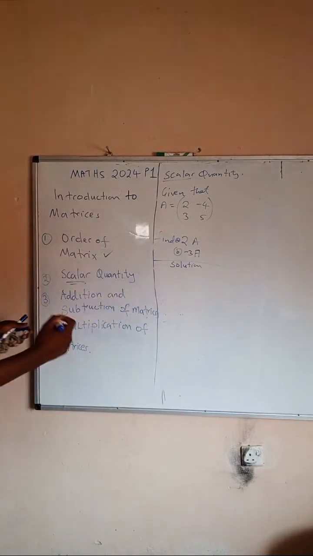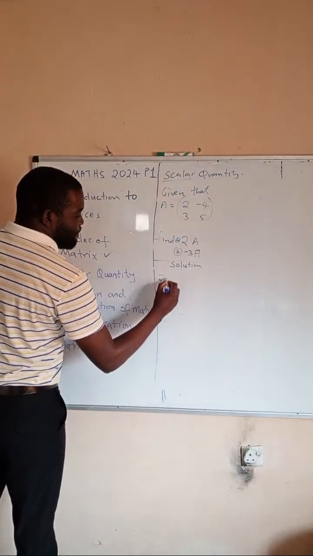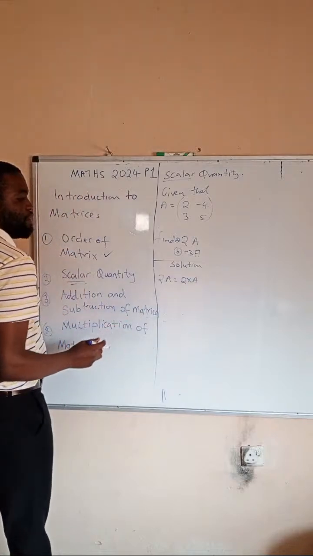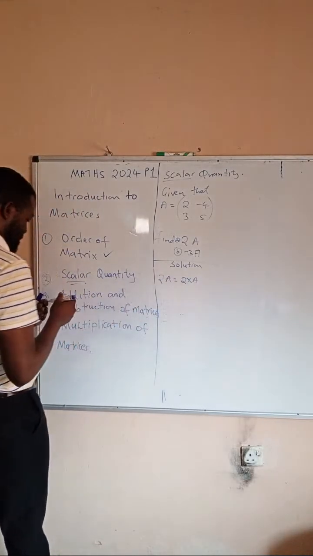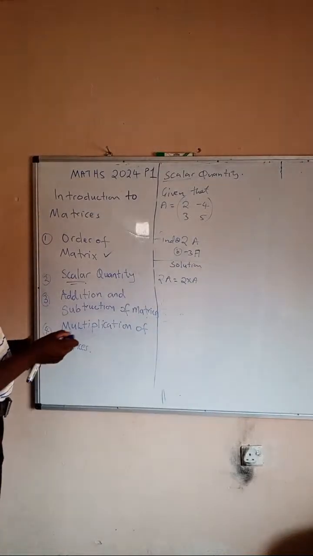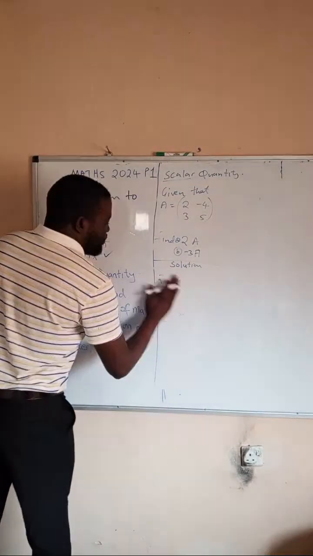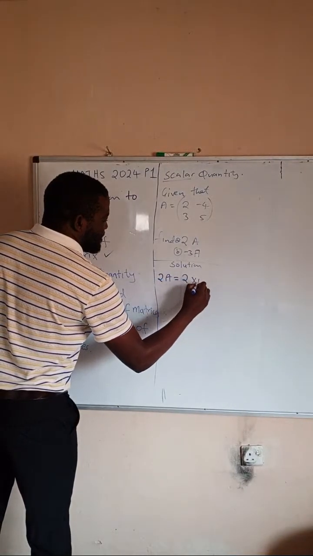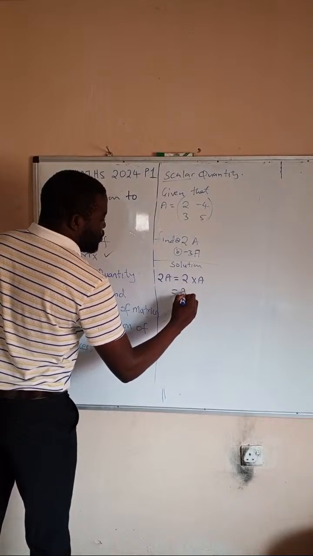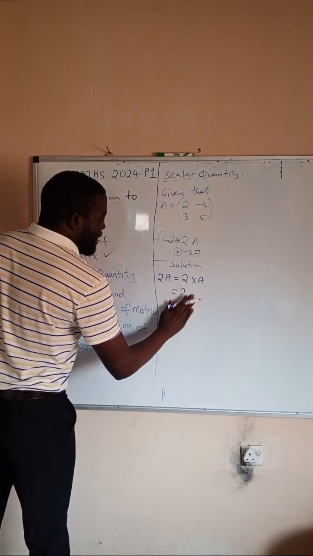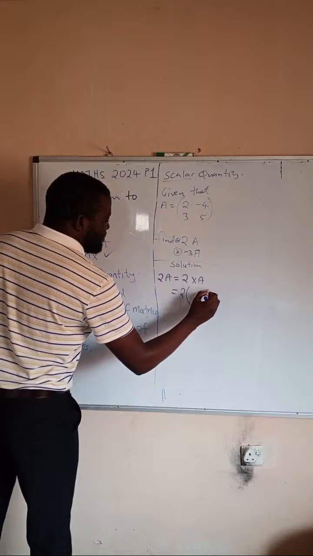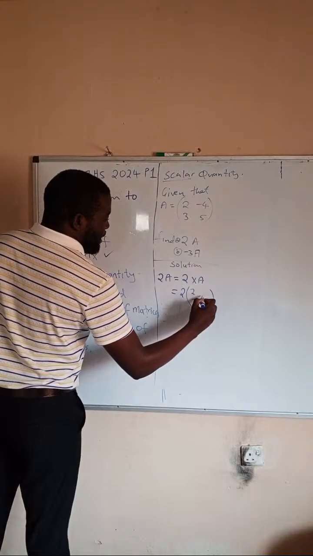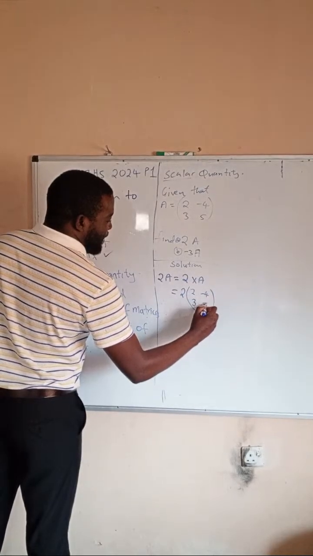For example, if you say 2A, it simply means 2 times A. So it means 2 multiplied by the matrix A, which is 2, 3, negative 4, 5.